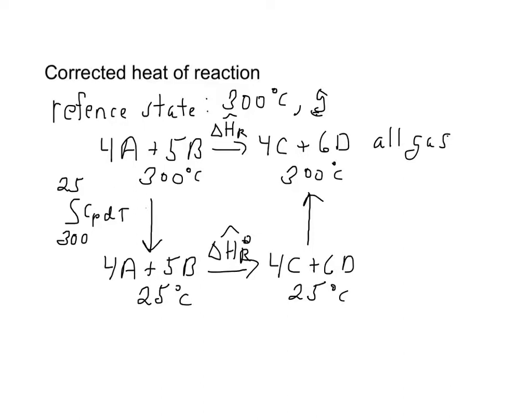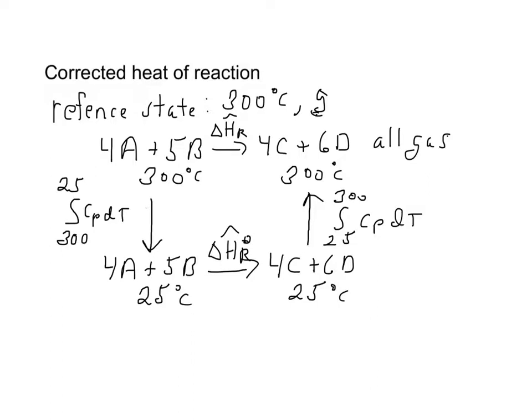And then over here we will have the integral from 25 to 300 degrees of Cp dT for each chemical, and then, of course, times the stoichiometric coefficient.